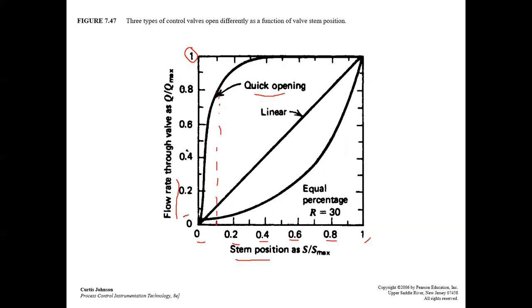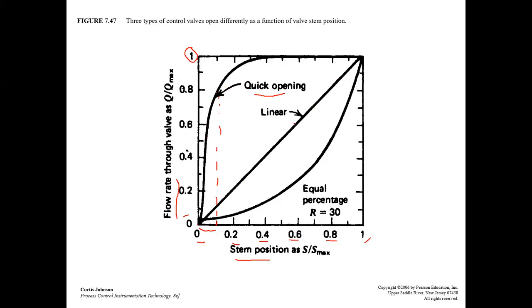If it is closed and we make the stem move only 10%, it will give 80% flow, so it is a very quick open, 80% by only 10%. So this one can be used like an on-off valve, for example in an emergency shutdown system, etc.